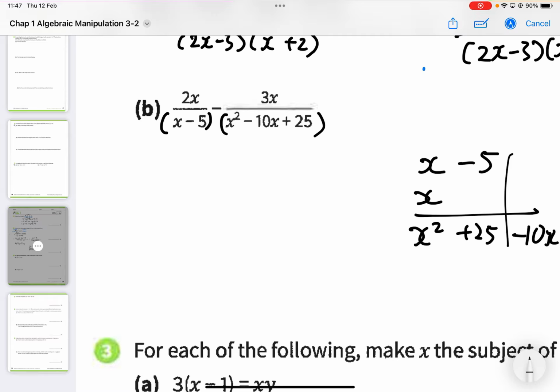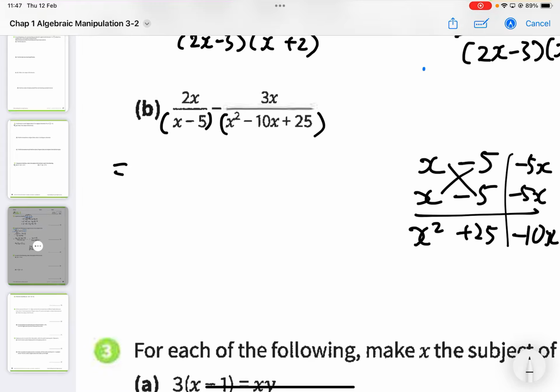Minus 5 multiply what to get positive 25? Minus must multiply minus. 5 multiply 5 to get back your 25. Then you double check. x times minus 5 is minus 5x. Then we add them together. Correct, it is minus 10x. Okay?